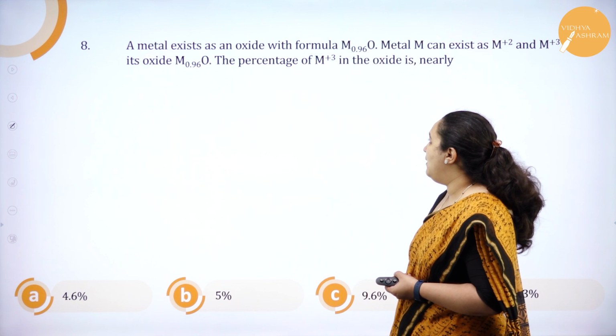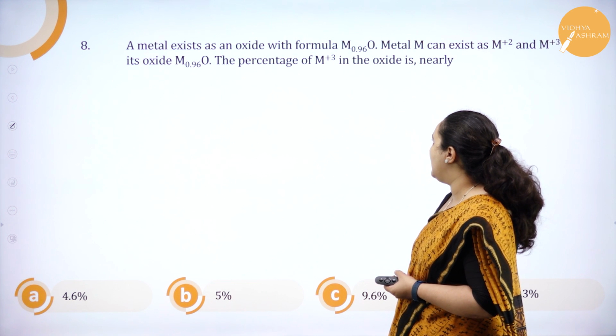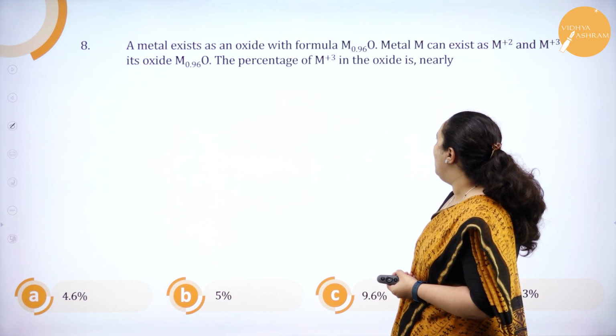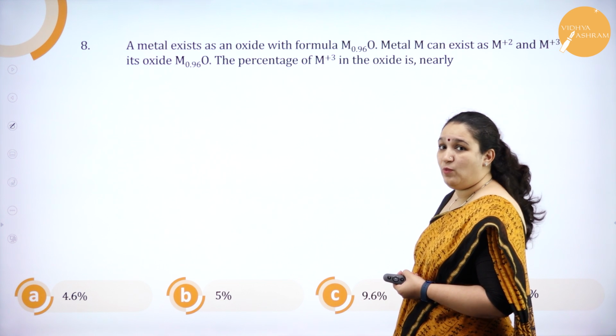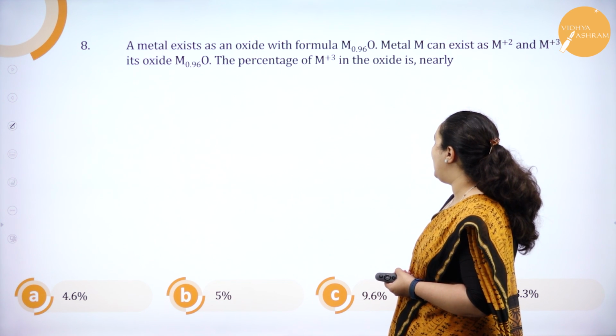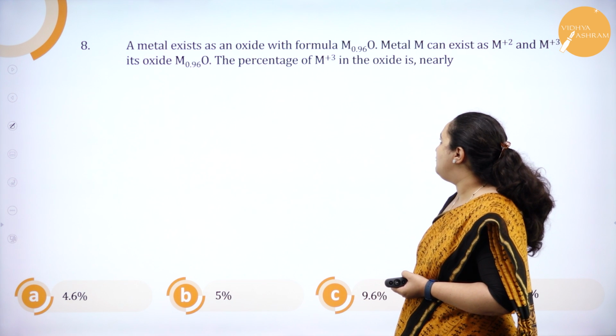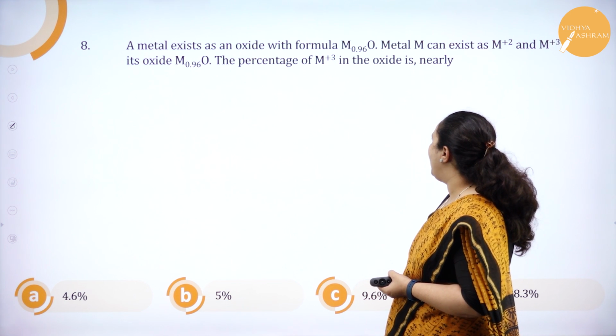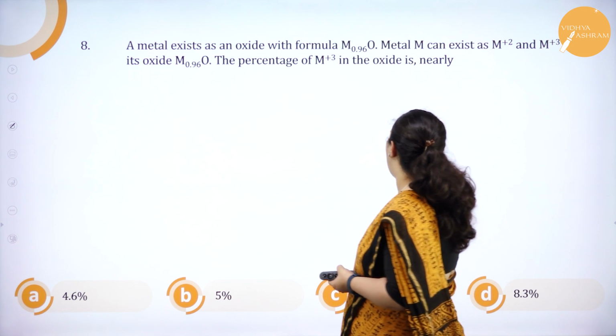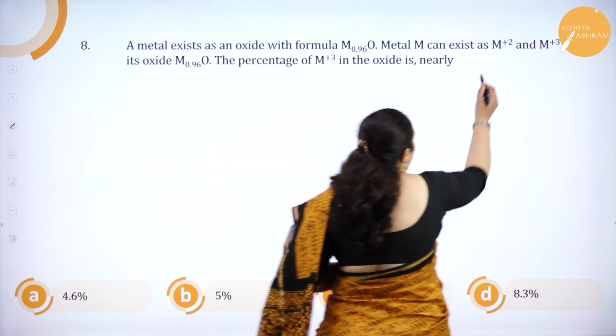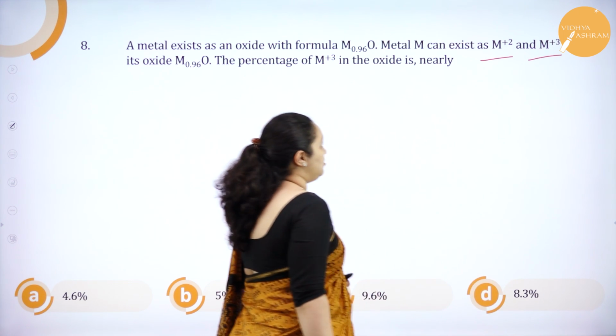Next, the 8th one. A metal exists as an oxide with formula M0.96O, where metal M can exist in the +2 state and in the +3 state.